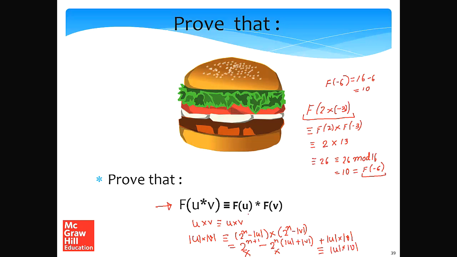The only other case that we need to prove is when u is positive and v is negative, and when u is negative and v is positive is an exactly symmetric case, so we just need to prove one. So the reader needs to prove the case when u is positive and v is negative. This I leave as an exercise.